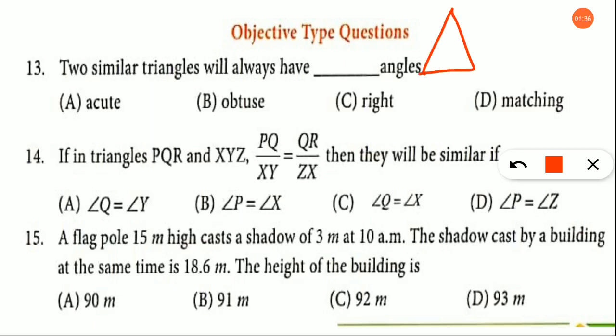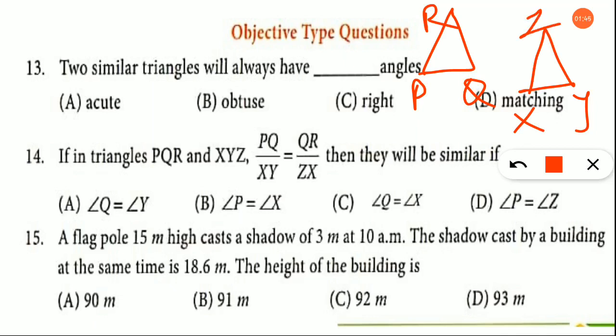First, have a triangle P, Q and R, and the next triangle is X, Y and Z. Now they are telling you this PQ is proportion to XY, and then this QR is proportion to ZX. These two are in proportion. Check which option is being satisfied.